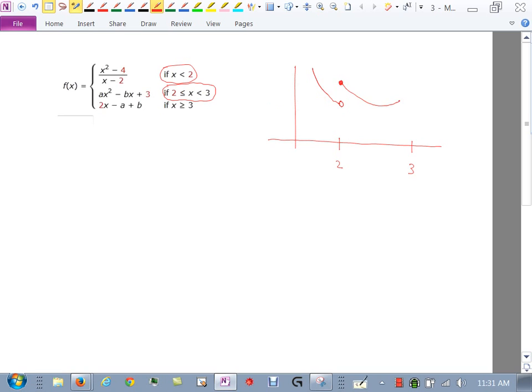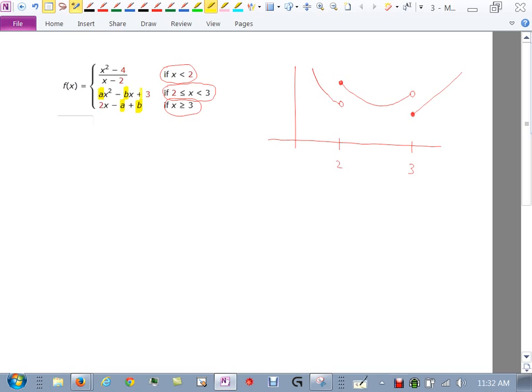It goes like that and comes in. And then at 3, it's not defined, so I have an open circle. And then over here, this is just a line on the last part, and it is defined at 3. So I have maybe a solid dot and then a line. Now, we can adjust these 3 functions by changing the values of a and b here.